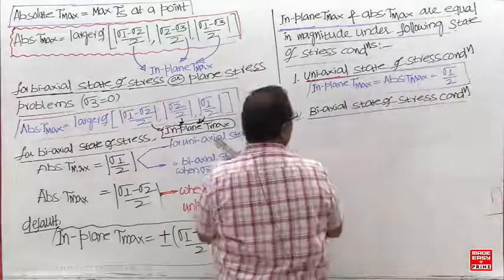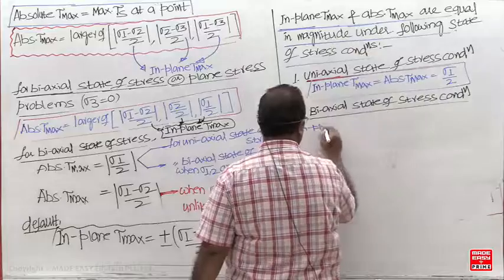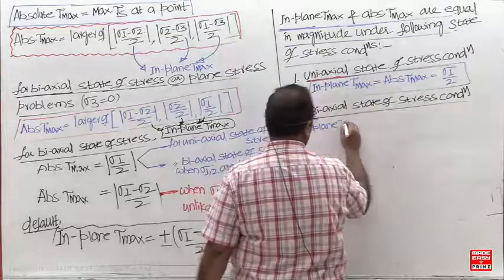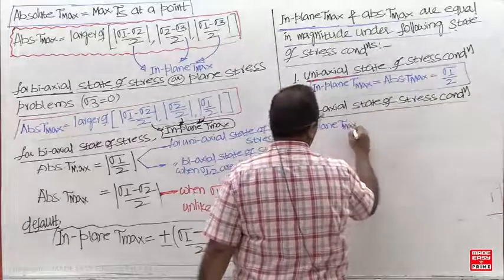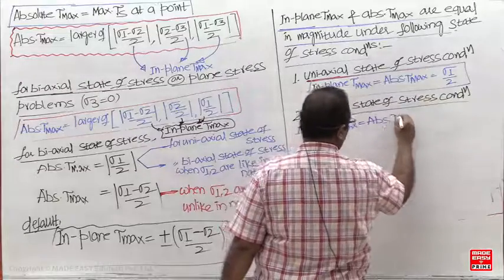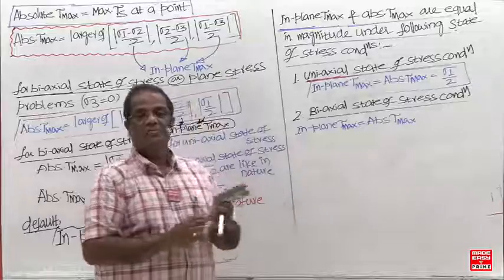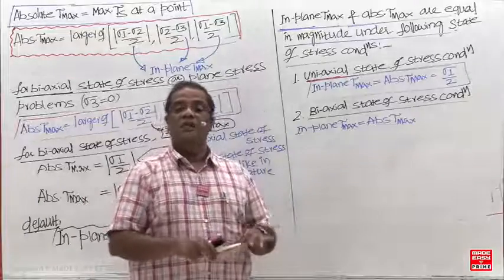Biaxial state of stress condition. In some cases I simply write tau max. What does tau max mean? When should I write simply tau max?